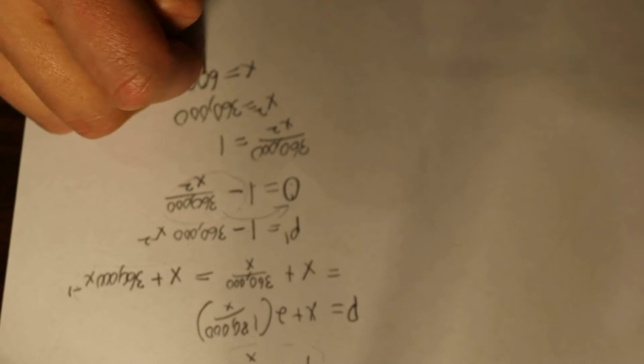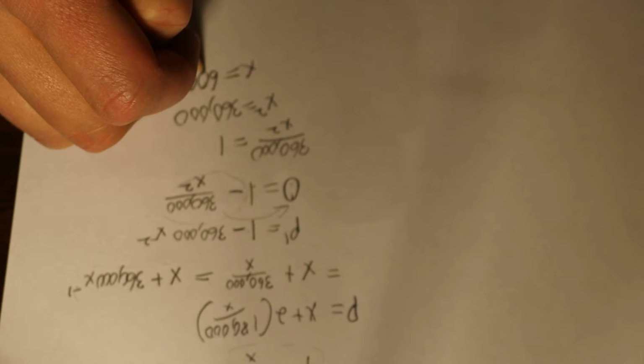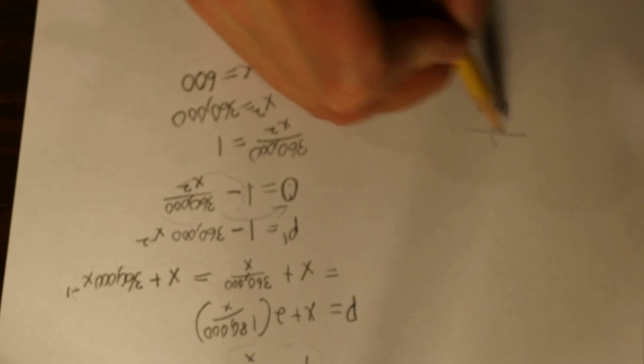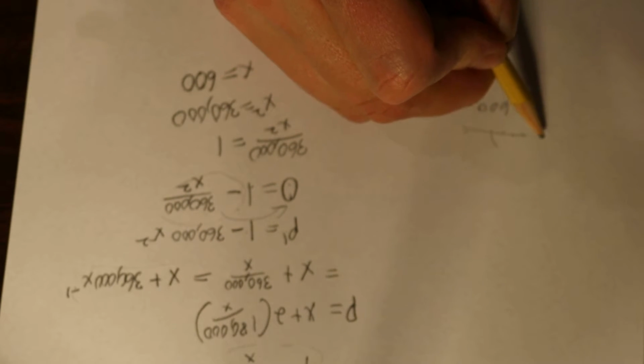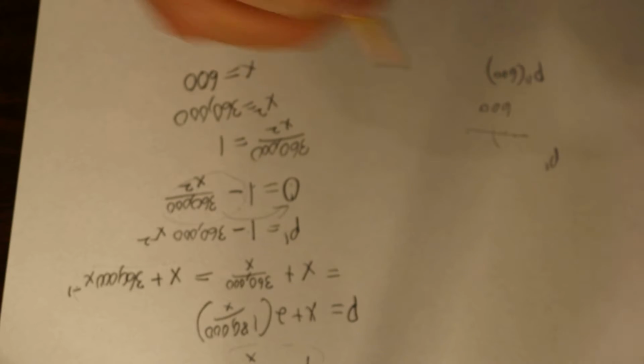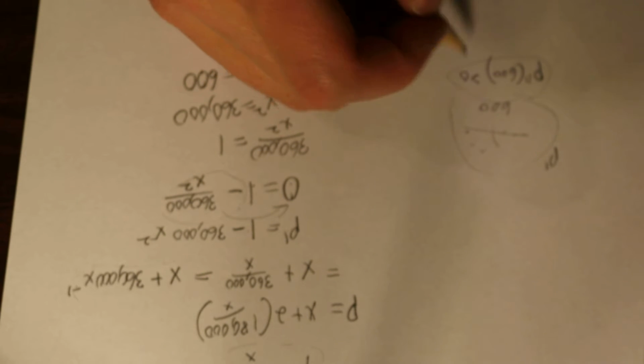Again, we should verify that 600 gives you a minimum and not a maximum. So you could do that either by putting 600 on the number line, testing a number left and right in the first derivative, or plugging 600 directly into the second derivative and looking for a positive result. You need to show one of these 2 things is true.